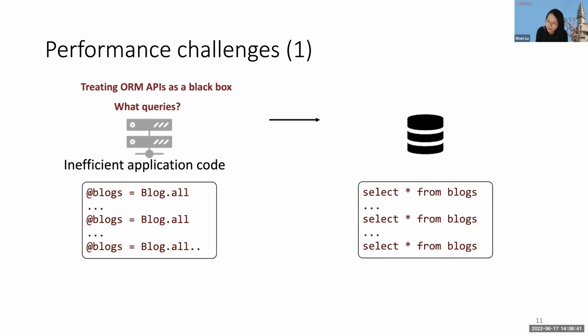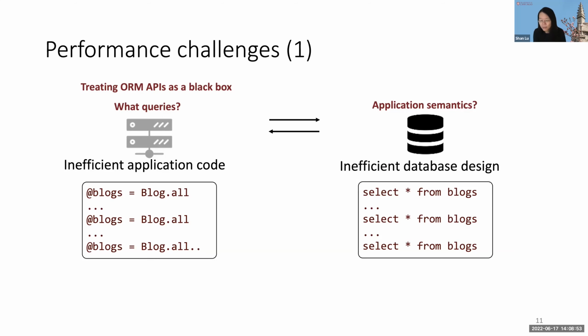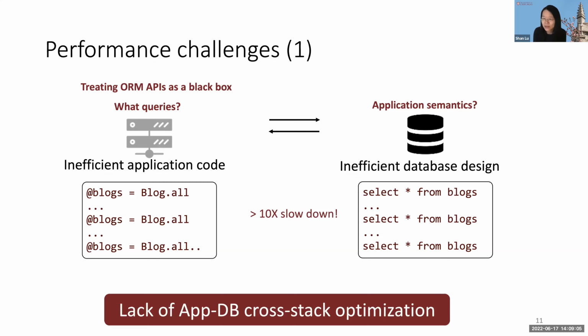and it turns out these are doing very inefficient database queries, which are very expensive. And from the database perspective, there is already a lot of database engine query optimization, but the database engine does not know the semantics of the application. So as a result, you get to see many very inefficient database designs. And you easily get 10 times, 100 times slowdown just because of this gap between the application layer and the database layer.